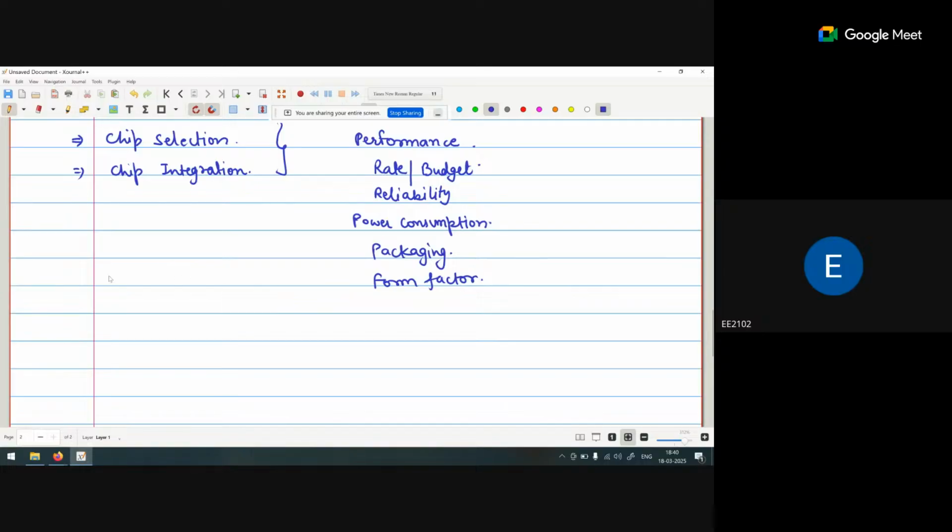Along with that, there are lots of other parameters also, for example availability and scaling. But we can avoid these particular parameters, as they depend on the market situation.